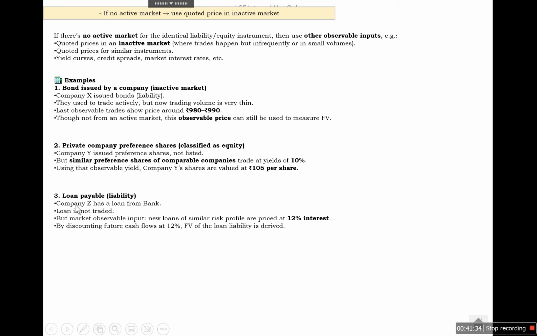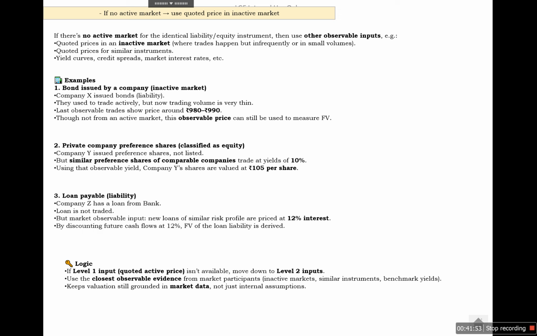So this is about the loan payable. Company Z has a loan from the bank and the loan is not traded, but market observable input, a new loan with a similar risk profile, is priced at 12%. So we need to discount the future cash flow at 12% to arrive at the fair value of the loan liability. So the logic here is that if level 1 input, that is a quoted active market, is not available, we need to look at the inactive market.